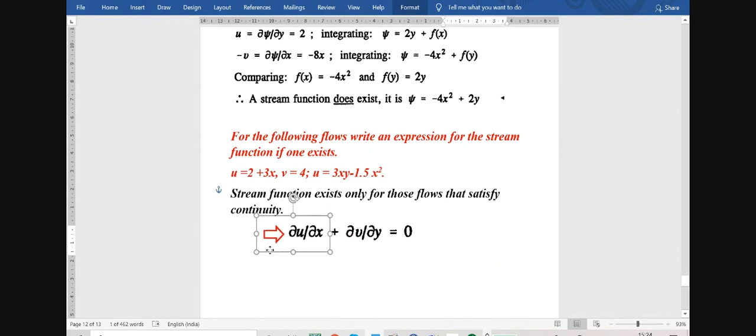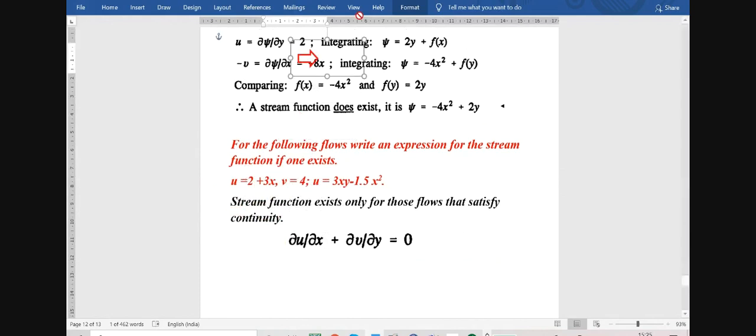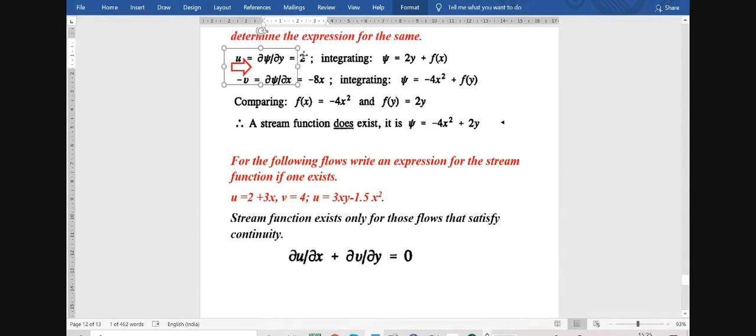So now take this first case and verify whether the continuity equation is satisfied or not. If it is satisfied, then use this procedure and find out the expression for ψ. If this is not satisfied, then the question of ψ doesn't arise at all. Come on, all of you do it.